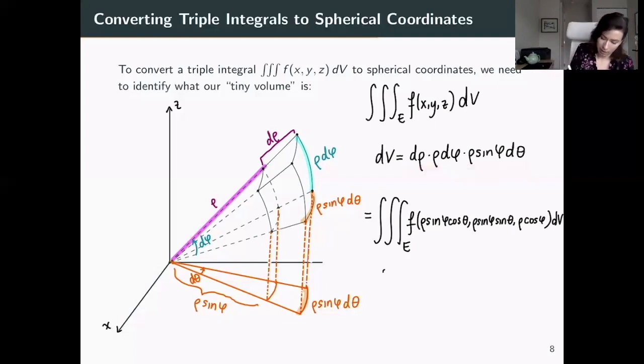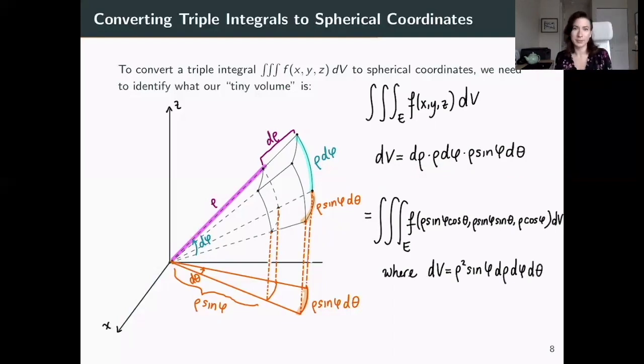And just to simplify this, dV is going to be equal to rho squared sine phi, and then d rho d phi d theta.